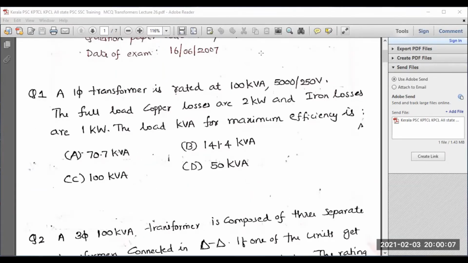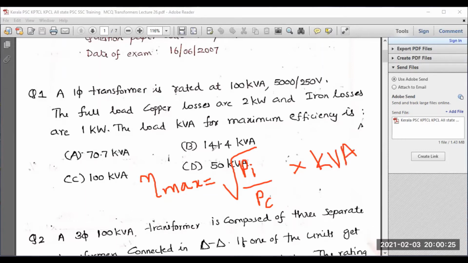So here you can observe the condition for maximum efficiency. Eta maximum is equal to the square root of iron loss divided by copper loss, times full load kVA. Now let us apply.